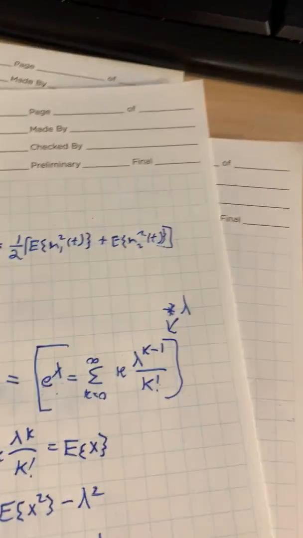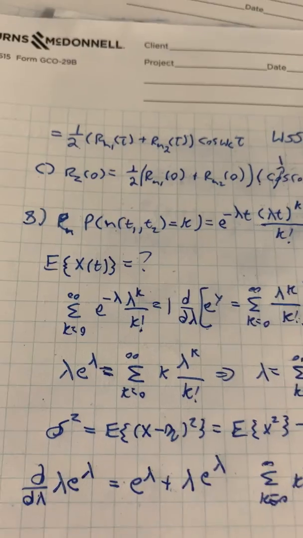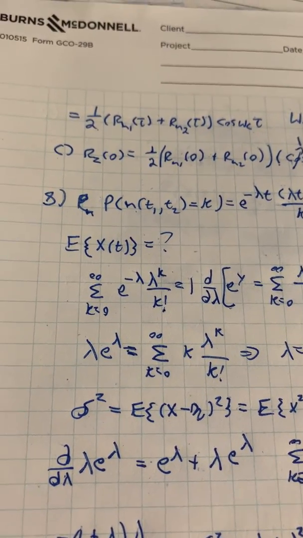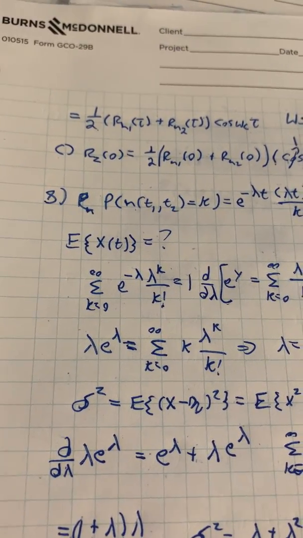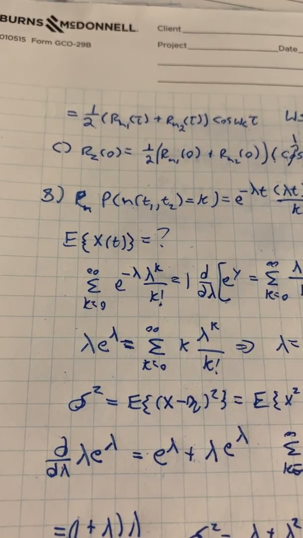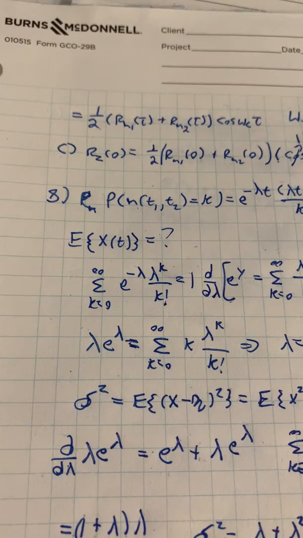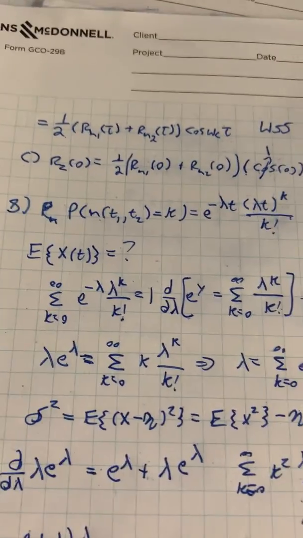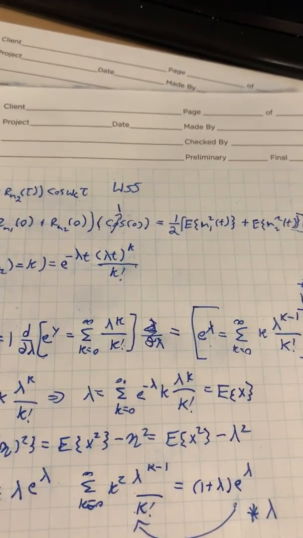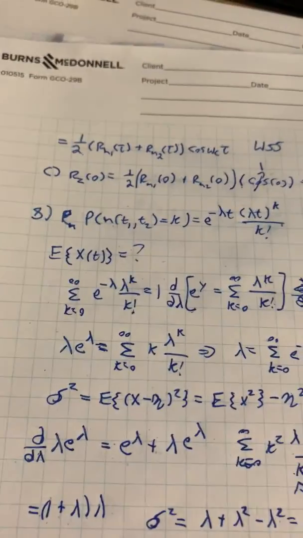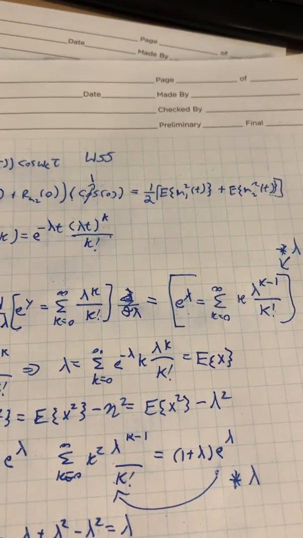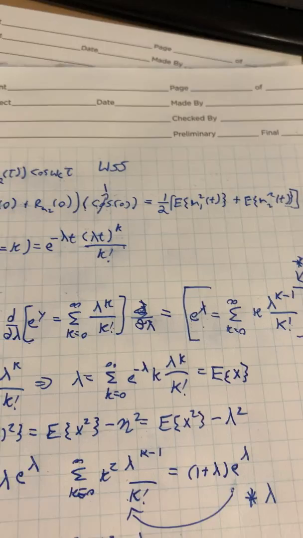Now, in order to get that k minus 1 back to a k, you multiply everything by lambda, so you have lambda e to the lambda is equivalent to the sum from k equals 0 to infinity of k times lambda to the k over k factorial. Now after that, we move the e to the lambda back over, and we see that's the expected value of x.